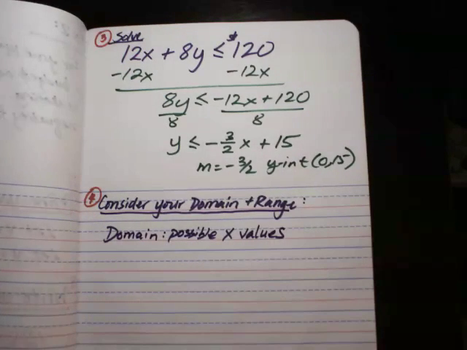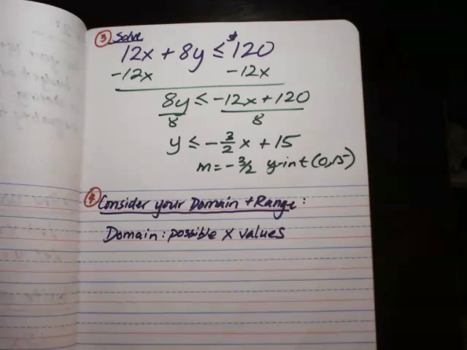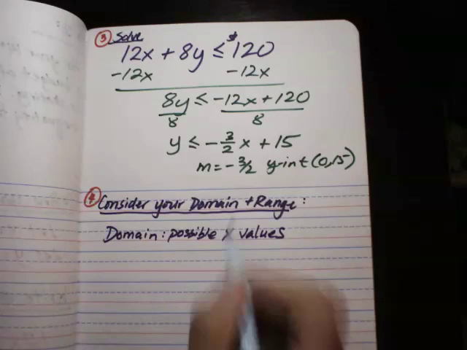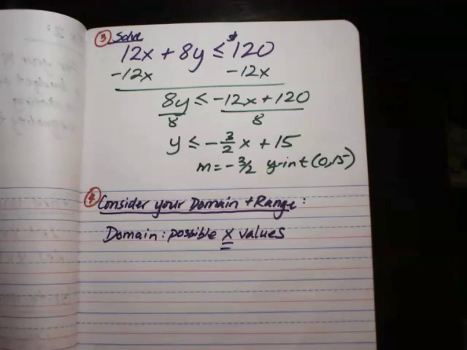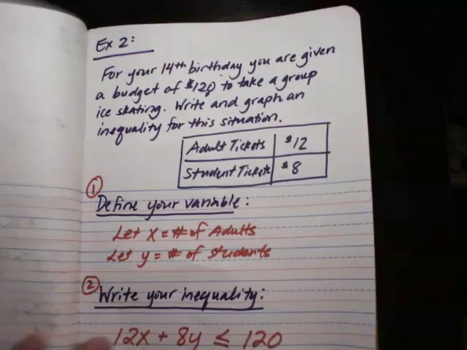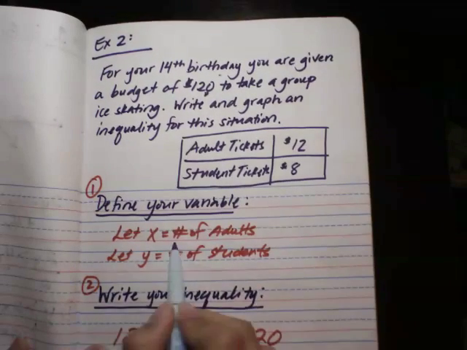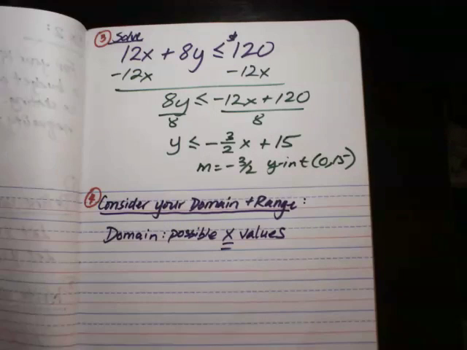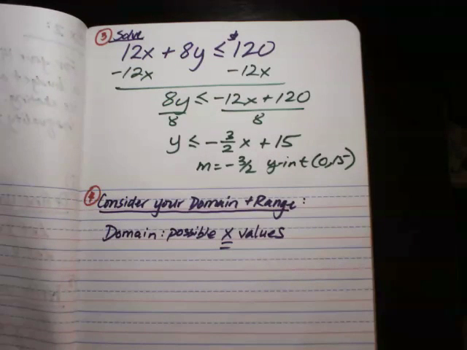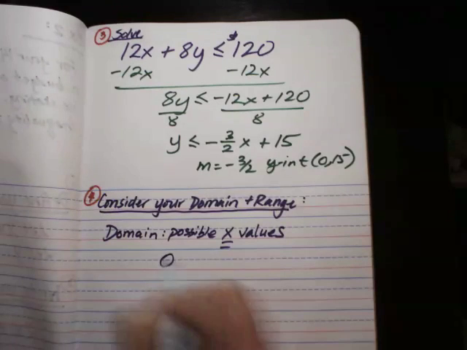It's really important to do this when you're talking about a word problem, because it really dictates how you're going to set up your graph. Possible x values. What does x mean in this problem? If we go back, x means the number of adults. So we know that, at the minimum, you don't have to have any adults with you.